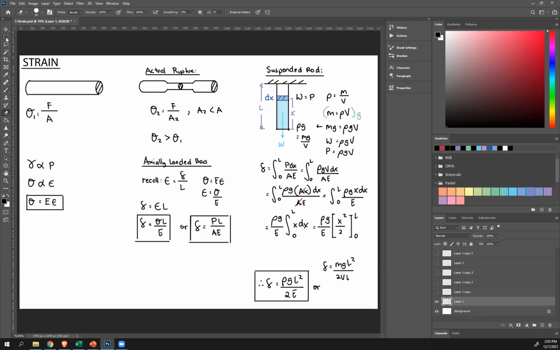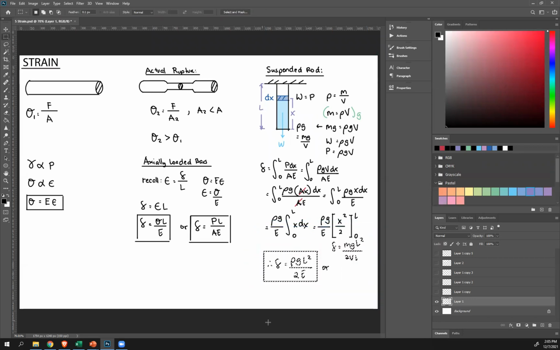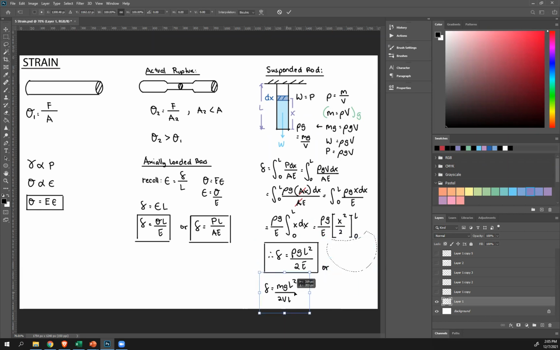Now, that's the volume of the entire thing. Let me just move things around. So this becomes mg L squared over 2, and then the volume of the entire thing is simply cross-sectional area times total height L. So AL times E. And again, as you can see, L cancels out.